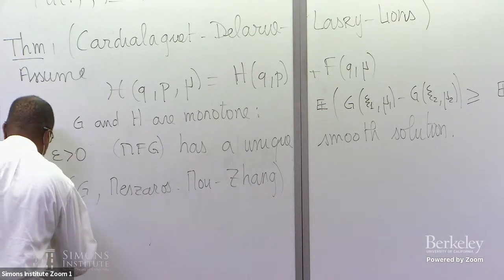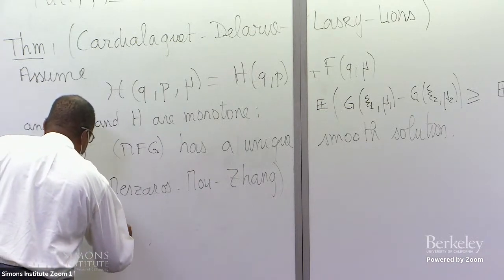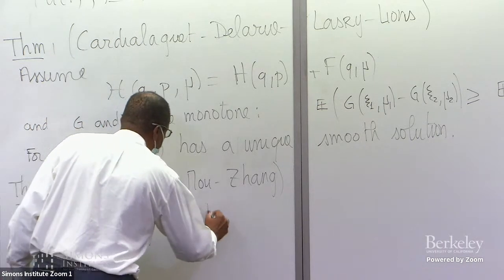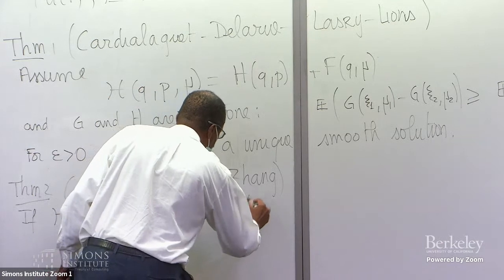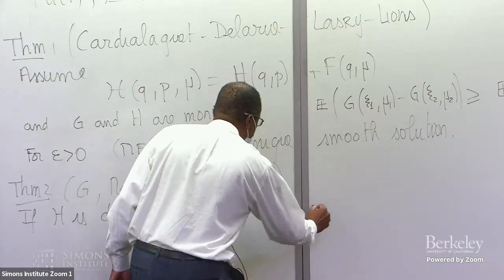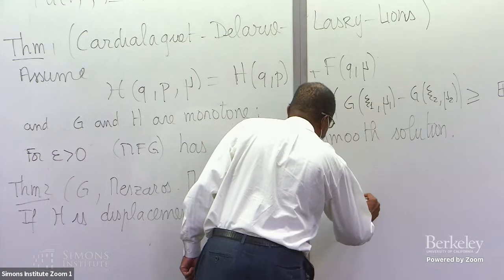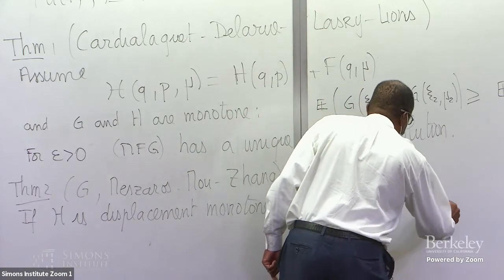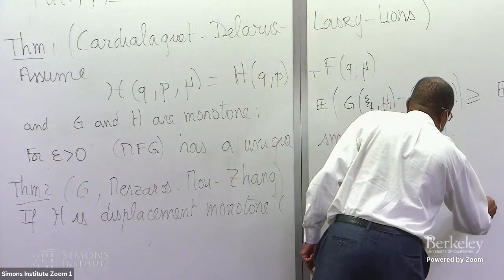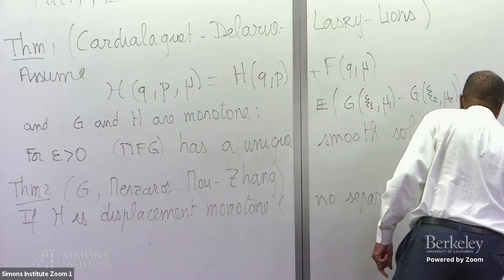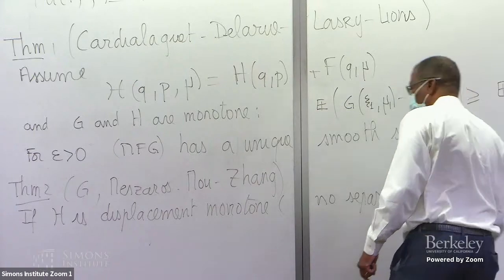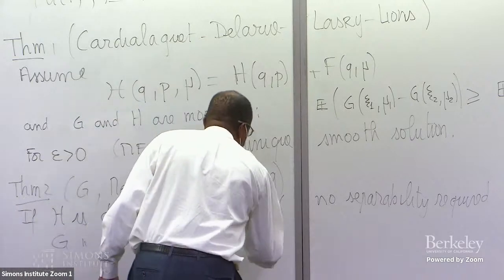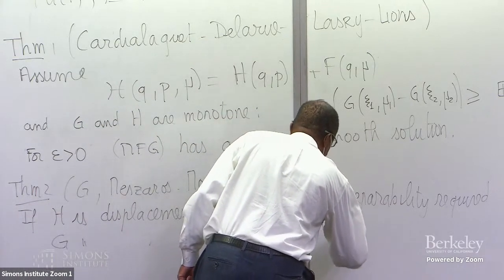If H is displacement monotone, and I am going to define what it means, no separability required, and G is displacement monotone, then we have a unique solution.